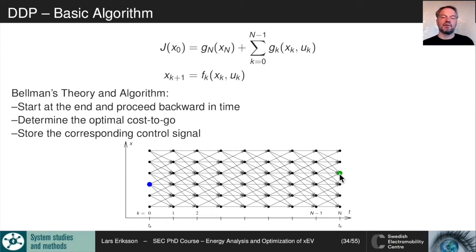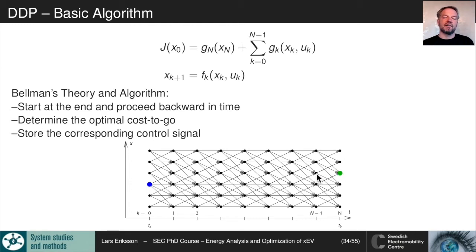Then we can, from this point, propagate the solution backwards and find out, okay, what is the optimal cost to go to the end from all these points. And we see this one has only one way to go, and that is this one. So we know that the optimal cost to go from this point will be given by this arc cost.